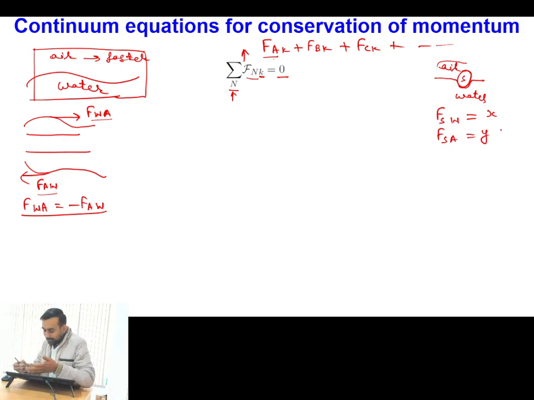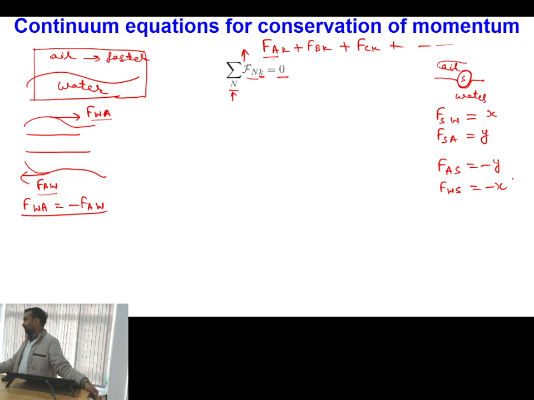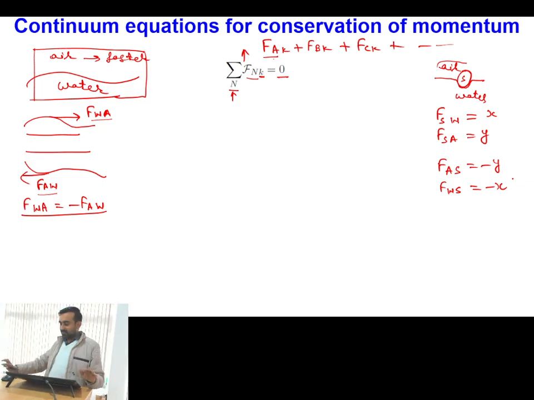But when you calculate force on air, the force on air because of the particle will be equal to minus y, and the force on water because of the particle will be equal to minus x. And when you do the complete summation, ultimately it will become 0. Okay, this point is clear.